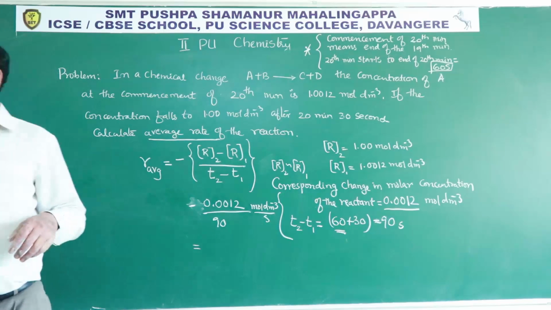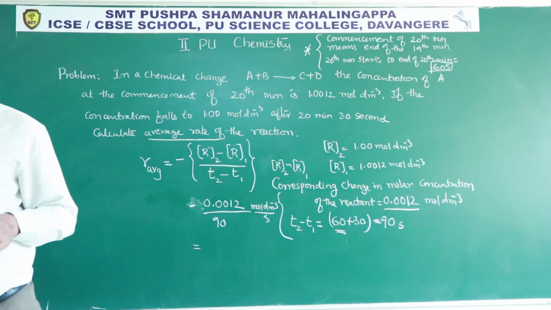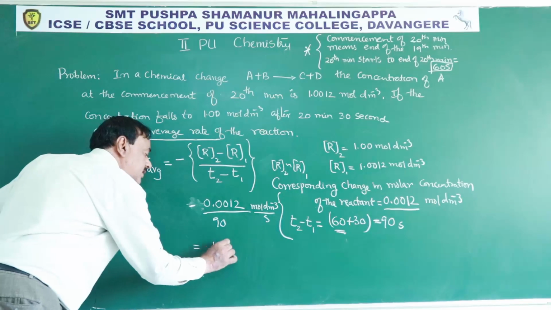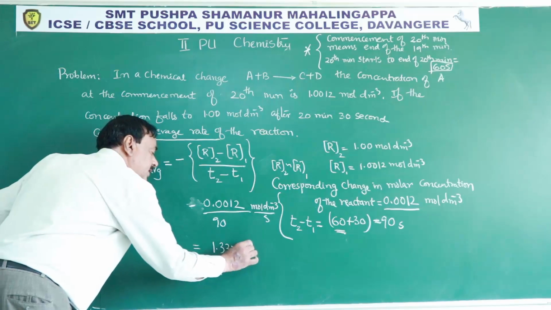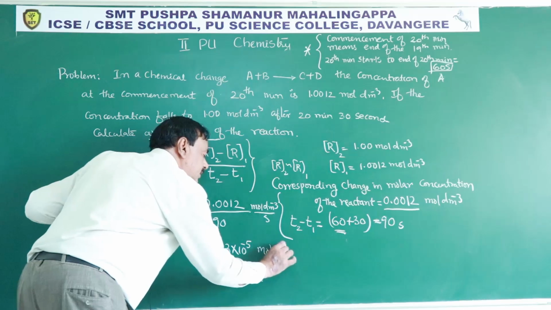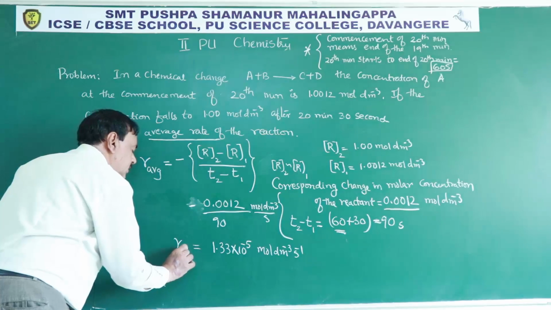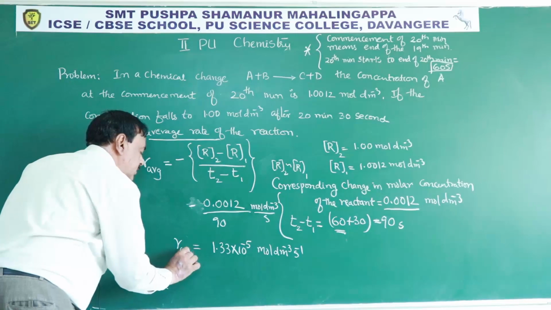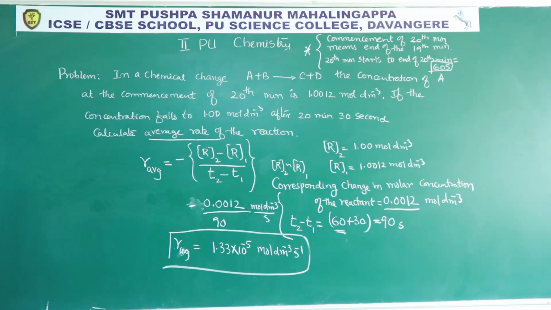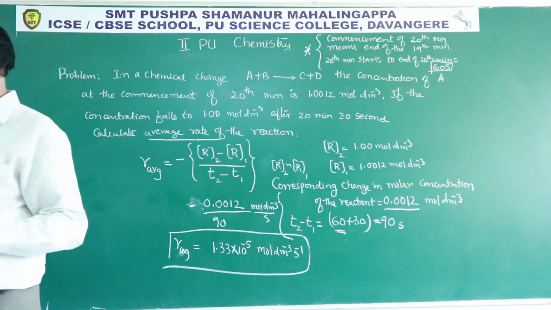Simplify this value. It is 1.33 times 10 to the power of minus 5 moles per cubic decimeter per second. This is the unit. That is R average: 1.33 times 10 to the power of minus 5 moles per cubic decimeter per second.